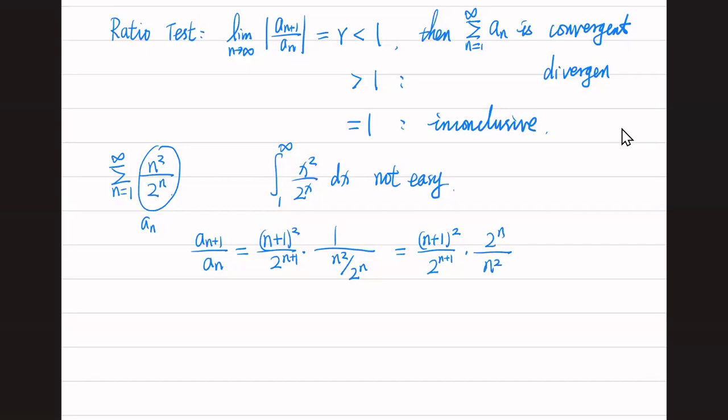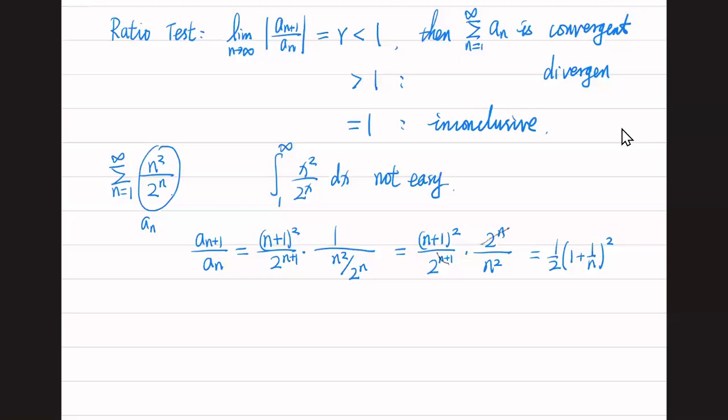I do some simplification. This goes away and goes away. One half, 1 plus 1 over n squared.